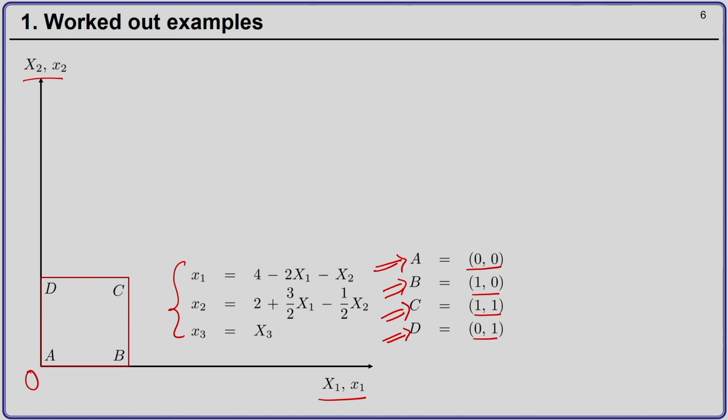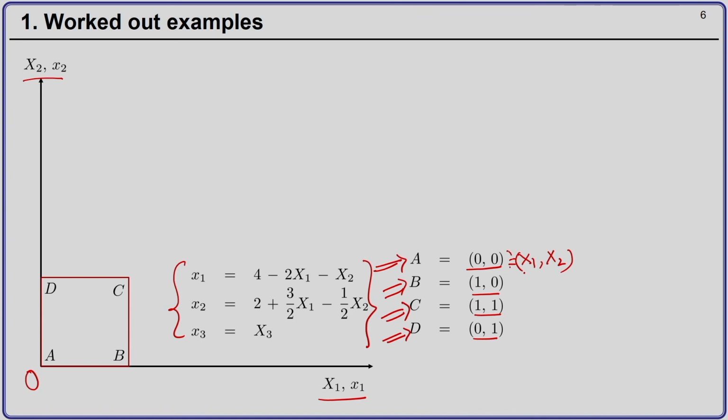And now, using our deformation mapping, this will be your capital X1, capital X2. For all these points, the material coordinate X3 is 0, so that is why we have not written it.